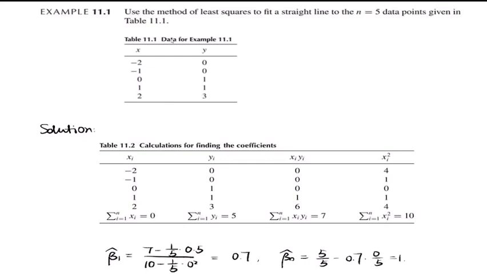So we're also going to derive the variance of the estimator for the beta naught cap and the beta 1 cap, because when we derive the variance for them, we're going to use them in statistical inference. We're going to use them to construct confidence intervals. We're also going to use them to test hypotheses.